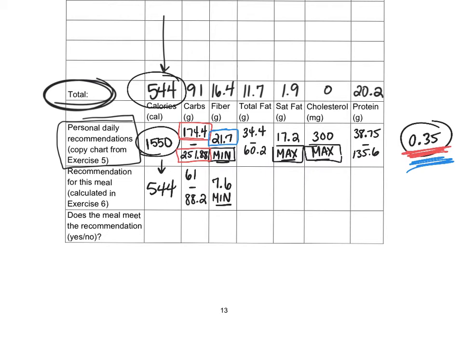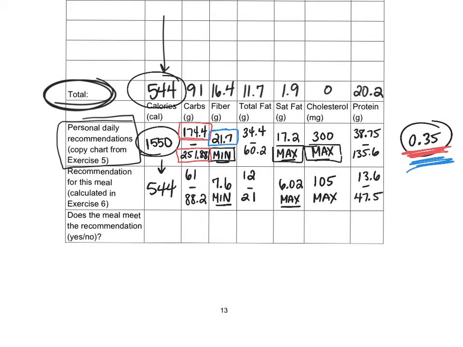I move on, same thing, total fat, multiply my minimum and my maximum by the 0.35. Saturated fat, multiply that by 0.35. Again, that's a maximum. And then cholesterol by the 0.35. And then my protein by the 0.35.